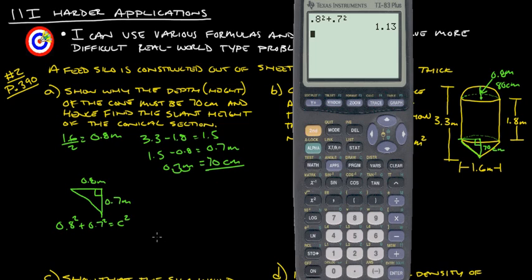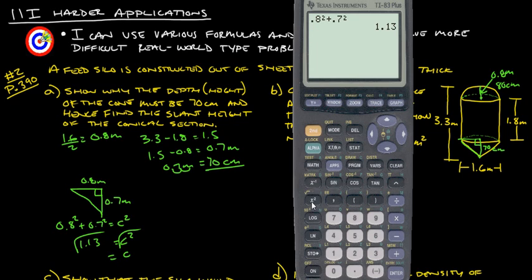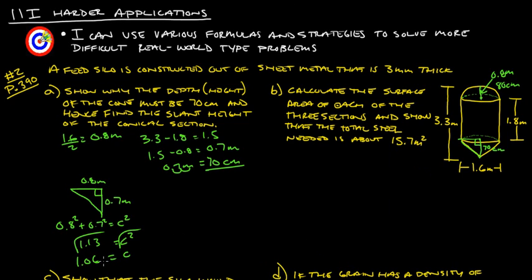So we have c squared equals 1.13. Then we square root both sides, and we get that our slant height is the square root of our answer, which is 1.06 meters. So let's go with that.